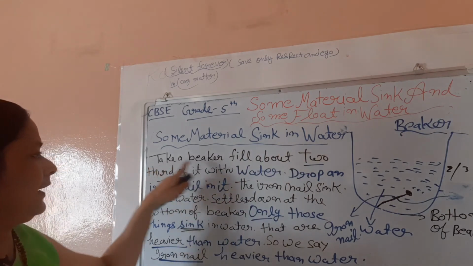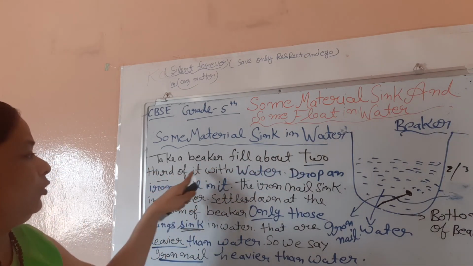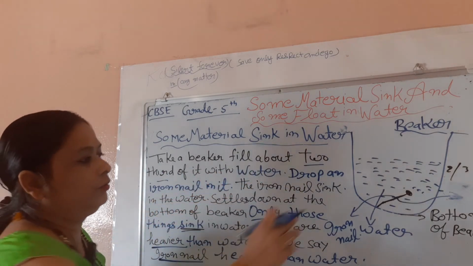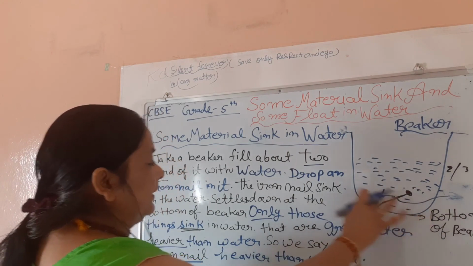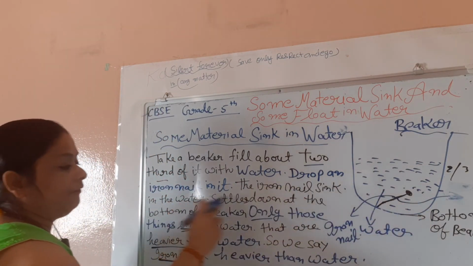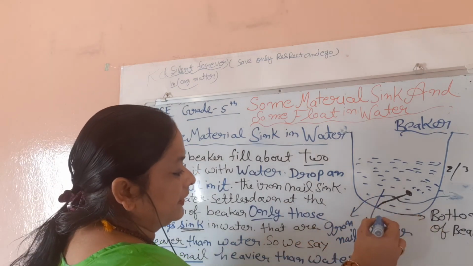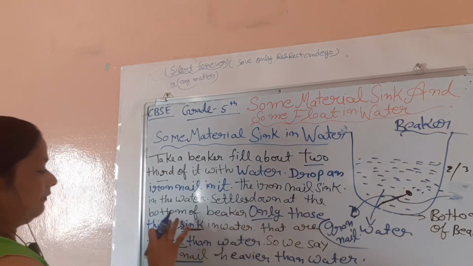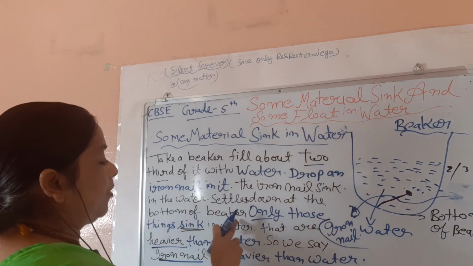Revise again. Take a beaker, fill about two-thirds of it with water. Drop an iron nail in it. The iron nail sinks in the water and settles down at the bottom of the beaker.